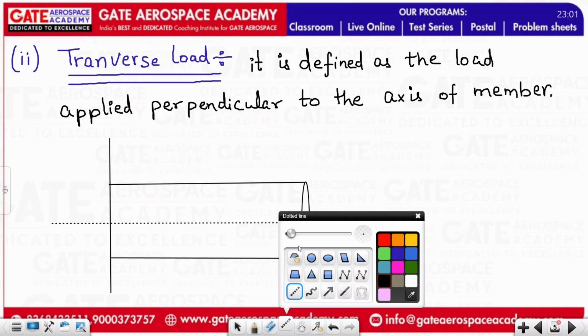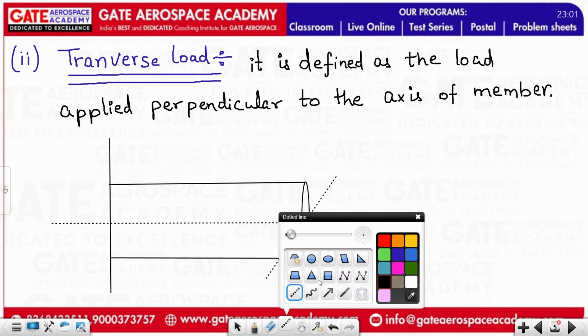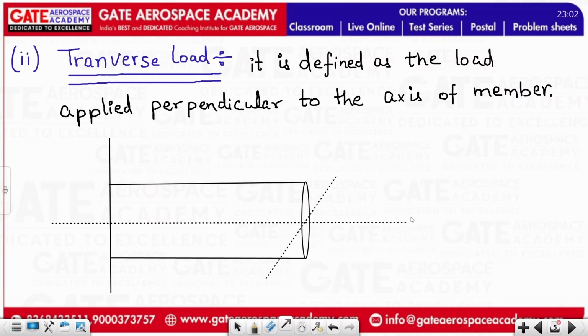Now let us suppose that there is one more axis, somewhat like this. These two axes are perpendicular to each other. Now the load is applied like this.